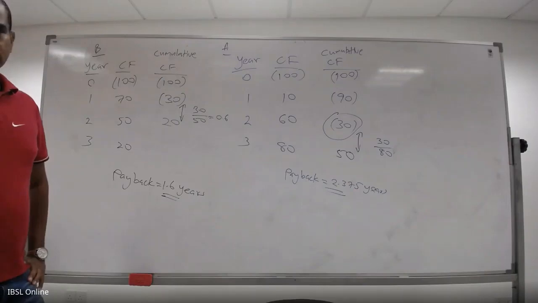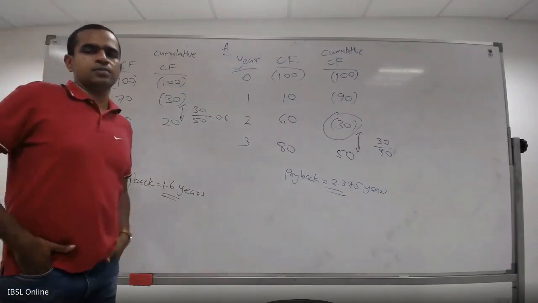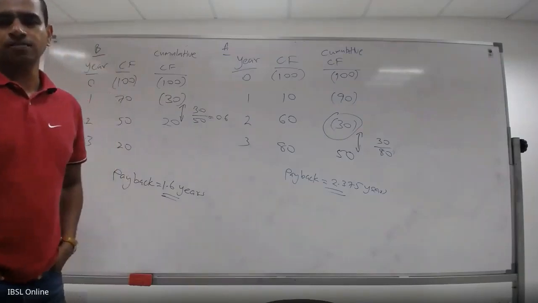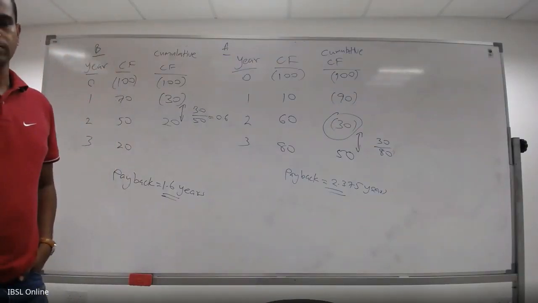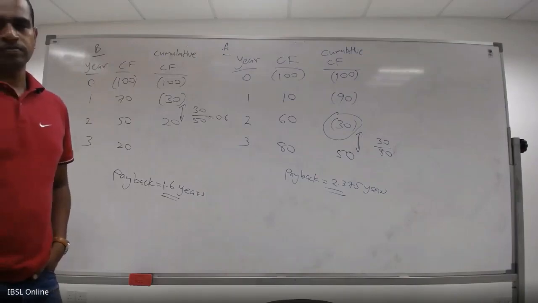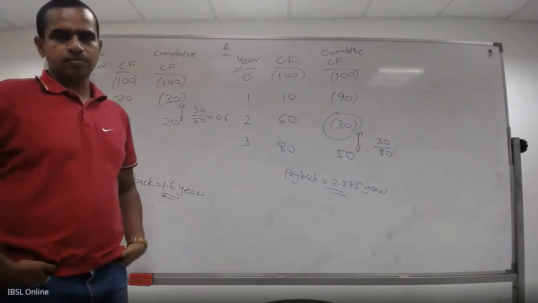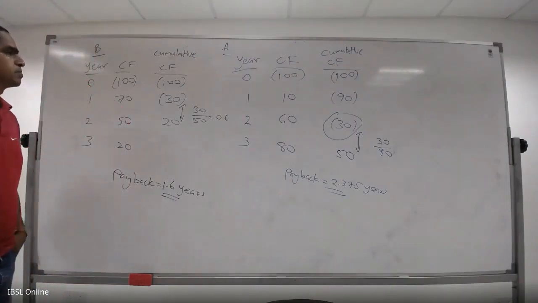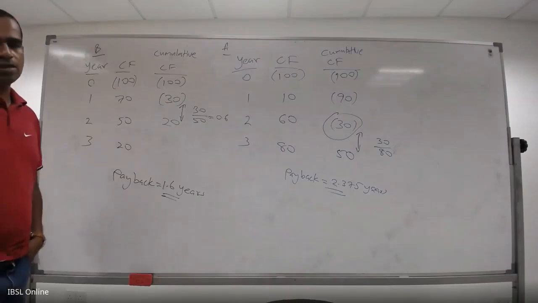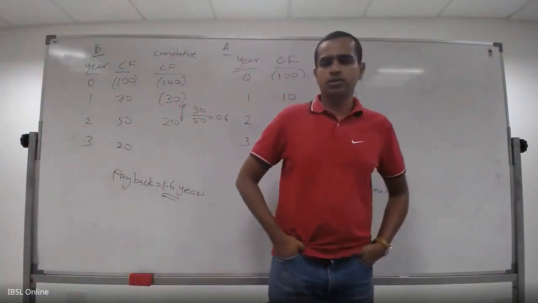Then if they are independent, you can select both. Mutually exclusive, only B. Independent, you can do both because you can recover your investment from both.